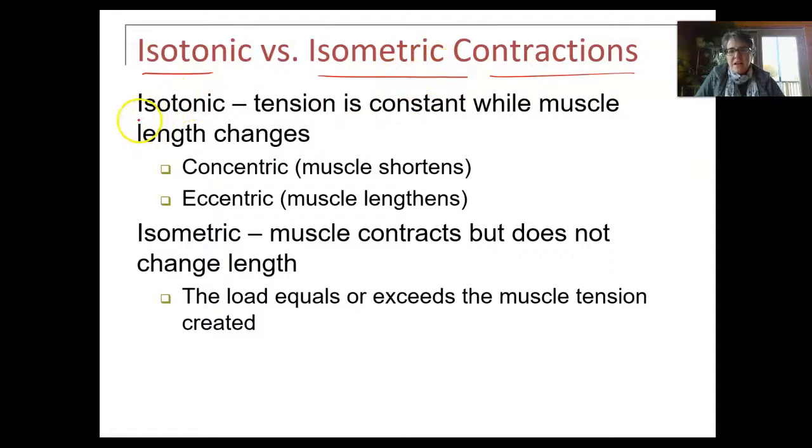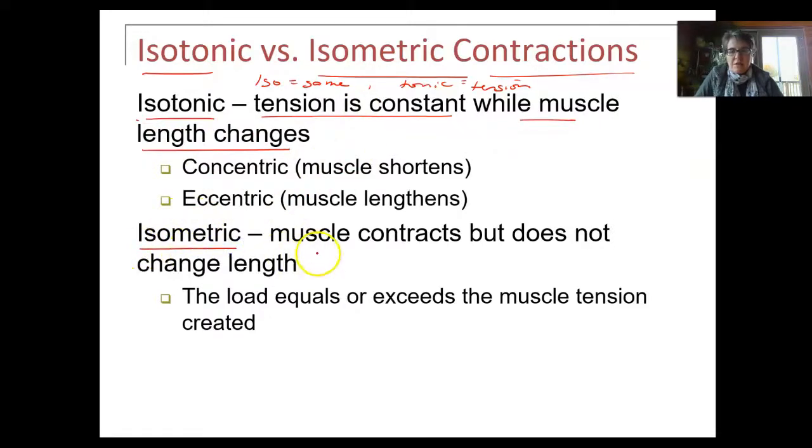So isotonic: iso means same, and tonic means tension. So if it's the same tension, isotonic, tension remains constant, but muscle length changes. And we'll come back to that second.